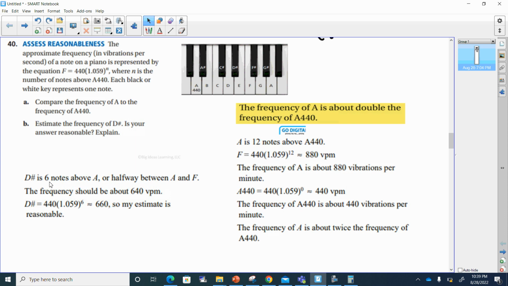D is 6 notes above A. Let's see, D. 1, 2, 3, 4, 5, 6. Okay. Or halfway between A and F. Frequency should be about 640 BPMs. So the estimate is reasonable.